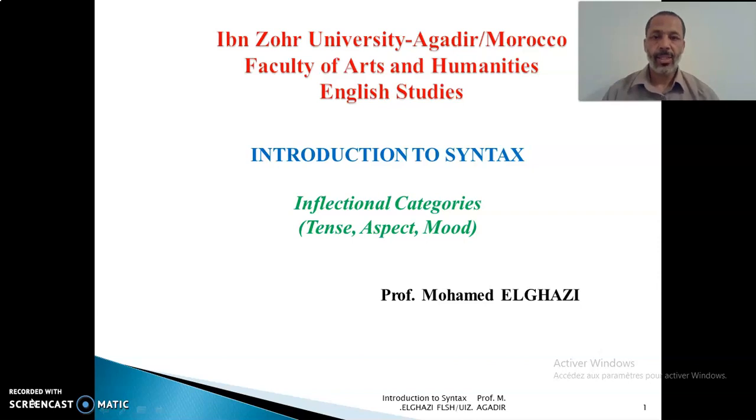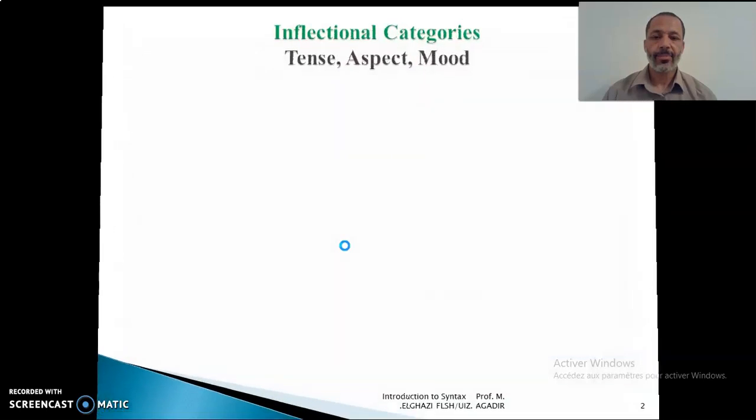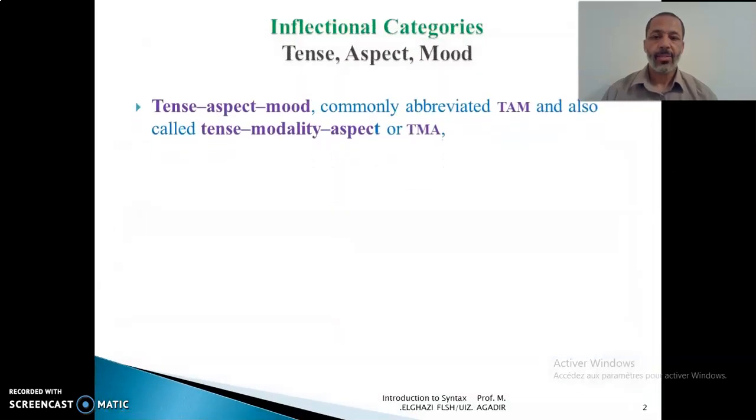In today's lecture, we continue our explanation of the inflectional categories, and we're going to see tense, aspect, and mood. So tense, aspect, and mood are commonly abbreviated as TAM, and they are also called tense modality aspect, abbreviated as TMA.